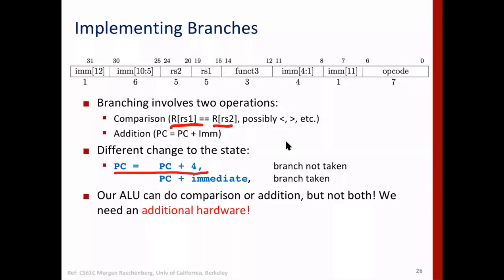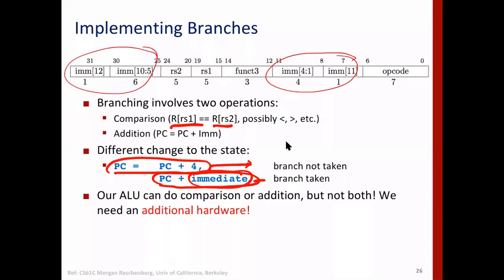This is the case when the branch is not taken, and then we jump to PC plus immediate if the branch is taken. Now this immediate is what we generate using these bits and by adding a 0 at the end.